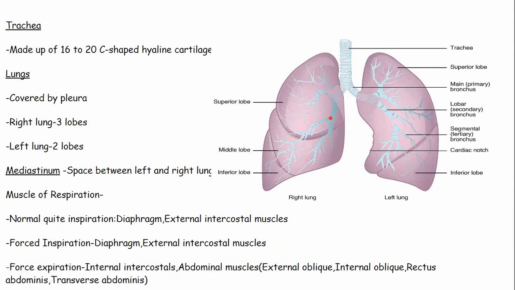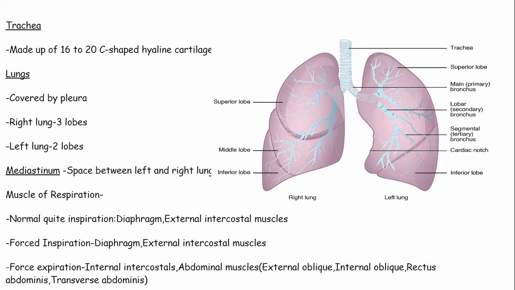We have some muscles of respiration. During normal quiet inspiration, the diaphragm and external intercostal muscles are used, whereas in forced inspiration, the same muscles are used, along with some accessory muscles. In forced expiration, we can see here the internal intercostals and abdominal muscles.